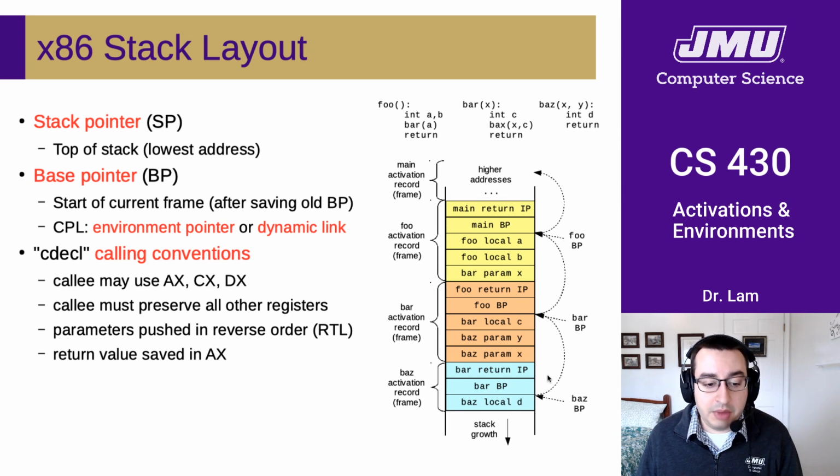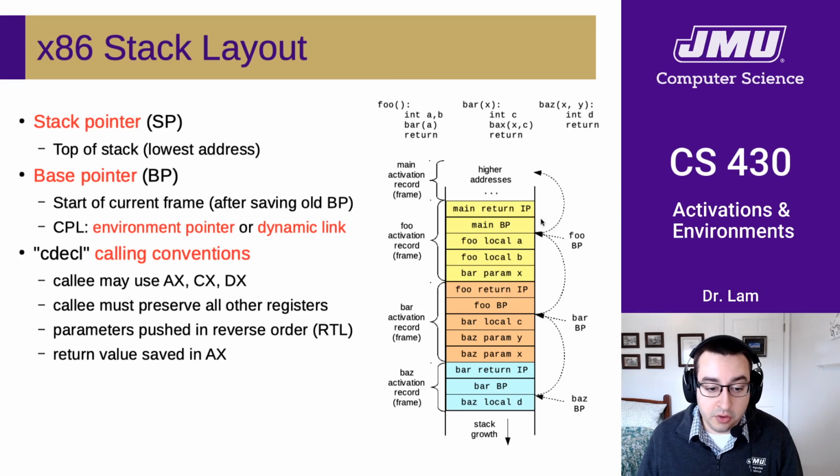There is also a base pointer, which points to the beginning of the current frame after saving the old base pointer. And so currently the base pointer would be pointing here. So here we have function foo, bar, and baz, and this is a snapshot of the stack inside of baz.